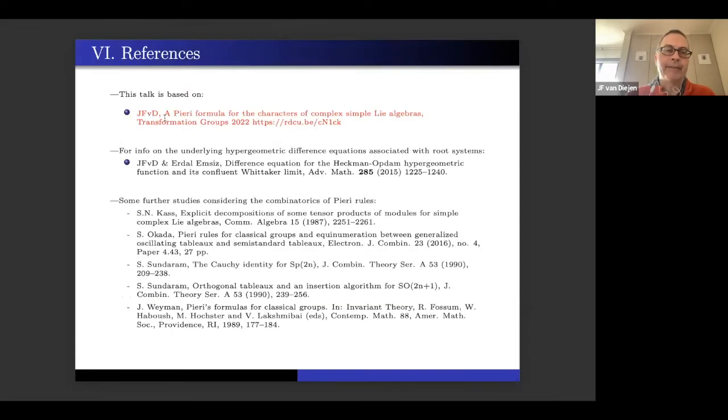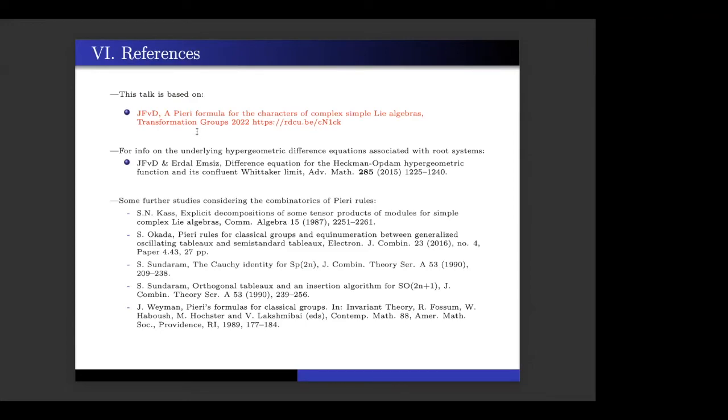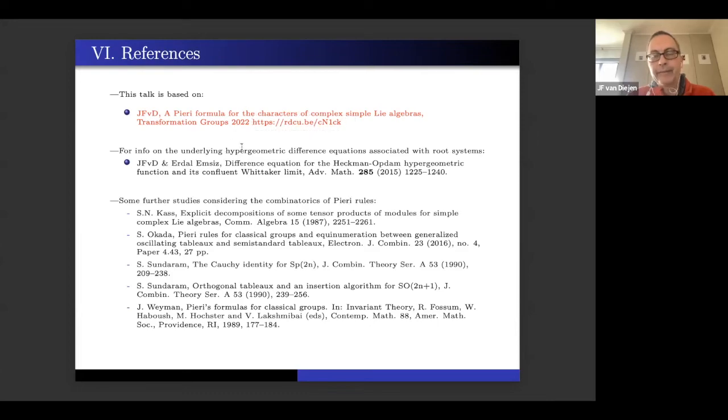The talk is based on this paper, a Pieri formula for the characters of complex simple Lie algebras, that recently appeared in Transformation Groups. And what we used here to get the recurrence for the characters, which made possible computing these tensor multiplicities, is in this paper.